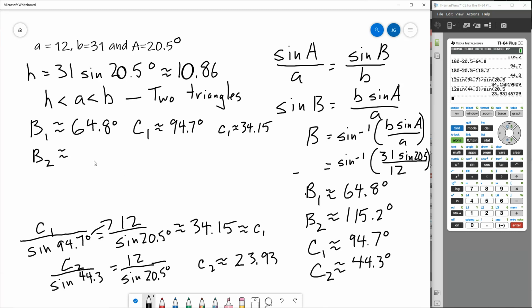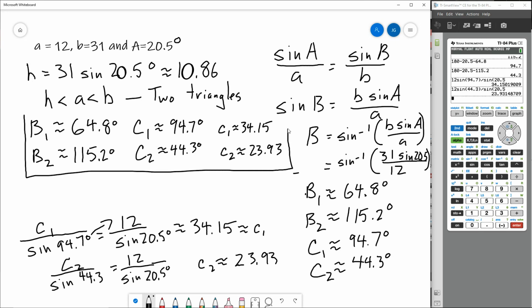My second triangle is going to have a B2 angle of 115.2, a C angle of 44.3, and then a c side of 23.93. And that's how I do it.